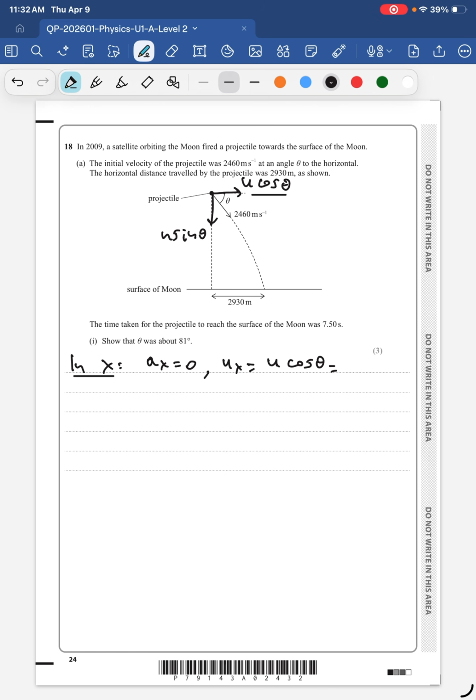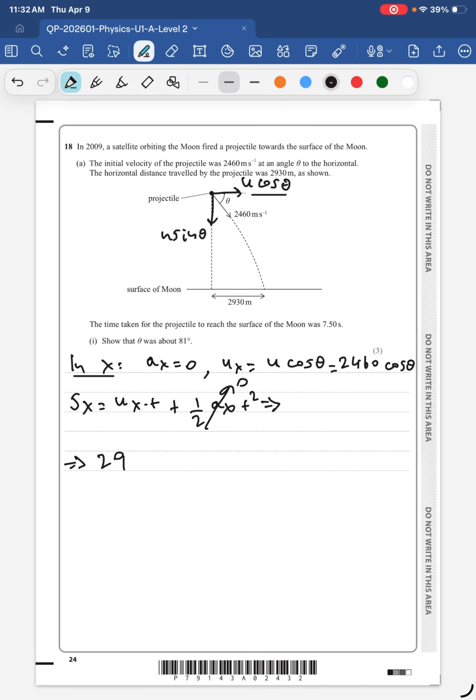So for the x component of the velocity, we have 2,460 times cosine of theta. Okay, and in the x direction, we have s in the x direction is ux times t plus 1/2 ax t squared. Ax is 0, therefore we are left with this equation.